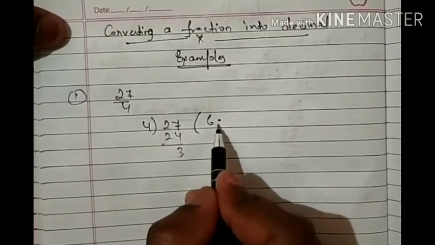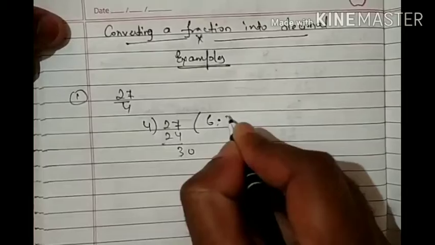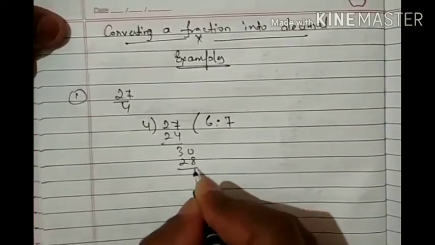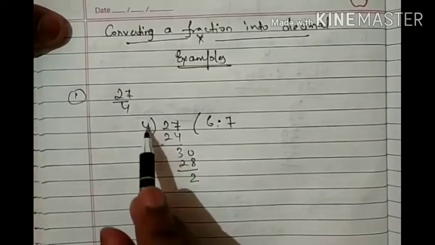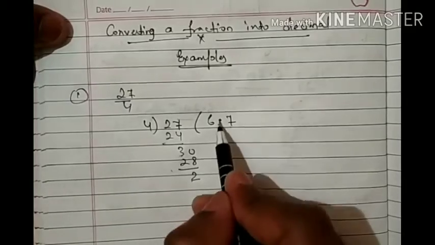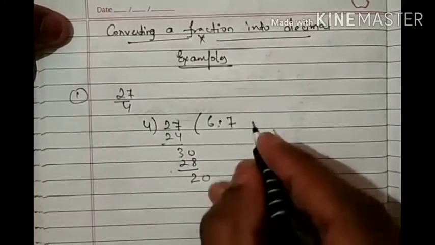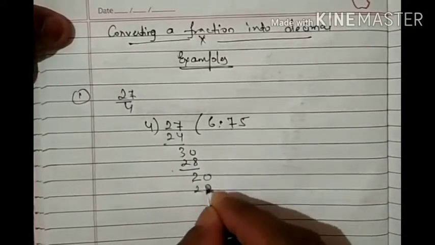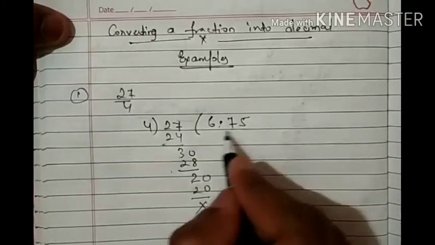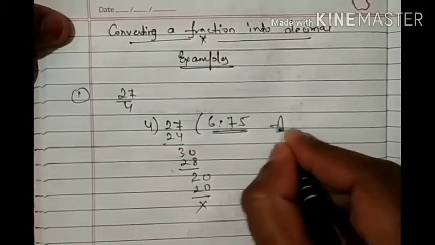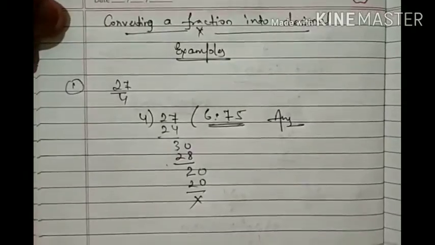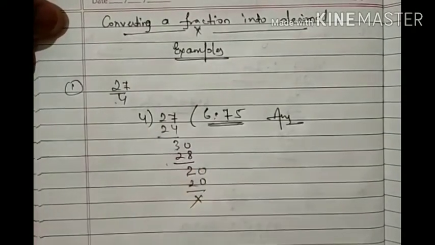What do we get after putting a point over here? We get 0. 4 sevens are 28. We are left with 2. 4 will not divide 2, but we have a point over here, so we can put 0. 4 fives are 20. So this is the required decimal form of our question 27 by 4.